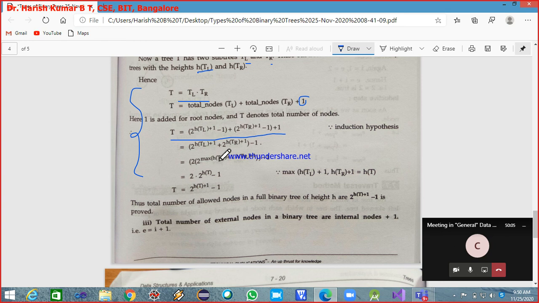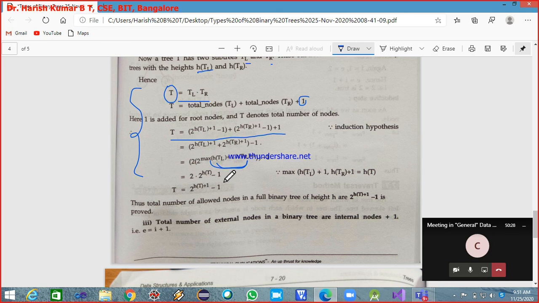The left subtree and the right subtree. Now 2 into 2 to the power h of t minus 1. If I choose the maximum among these two, what does it give? This is the height of the left subtree and this is the height of the right subtree. If I take the maximum, it gives the height of the whole tree.